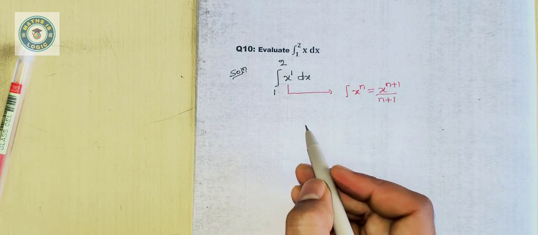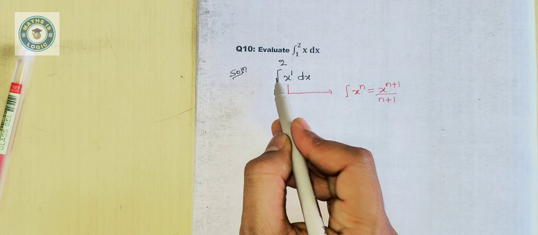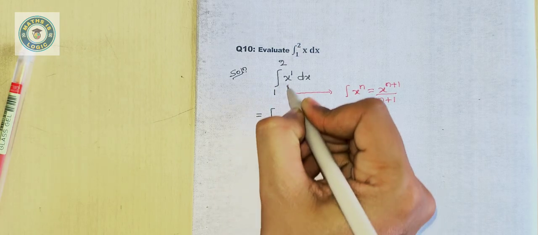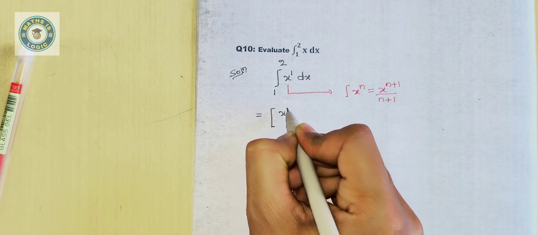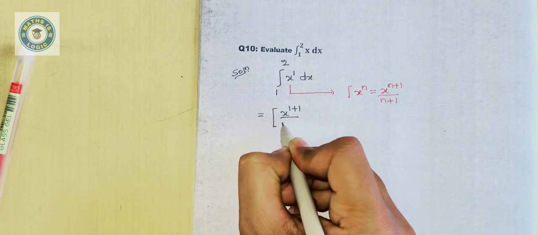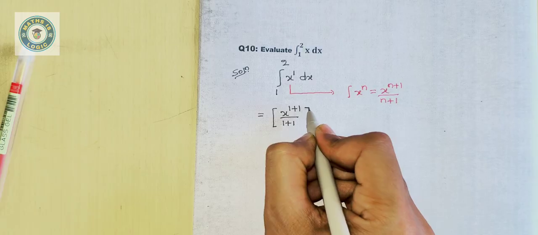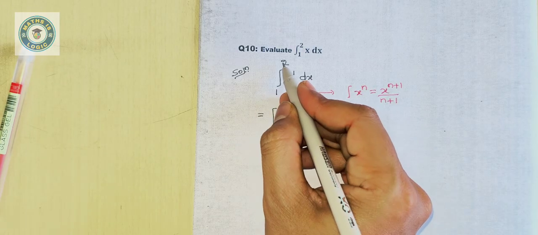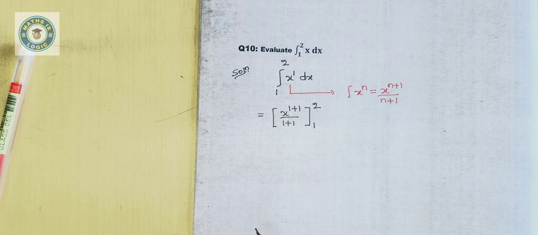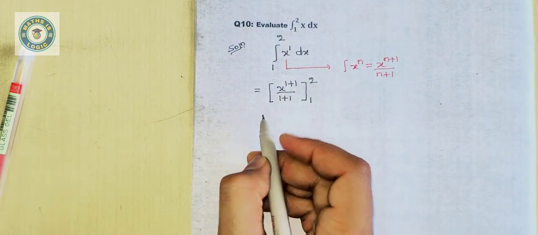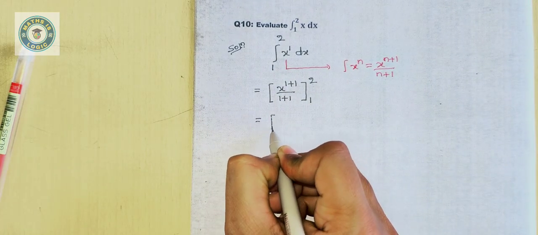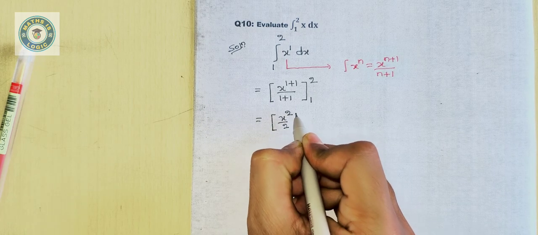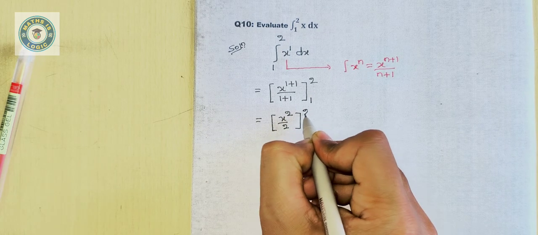So first step, we integrate x power 1, which is x power 1 plus 1 divided by 1 plus 1. After doing the integration, we mention the lower limit and the upper limit. Simplifying, it is x power 1 plus 1 is 2, divided by 2, from 1 to 2.